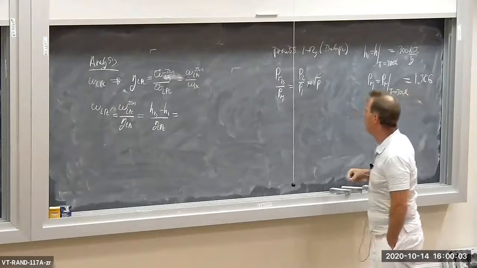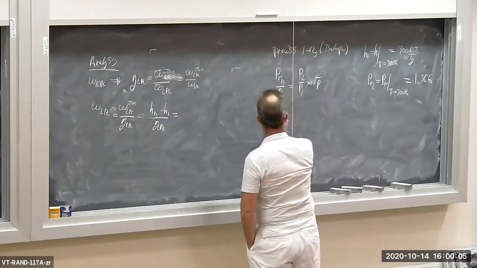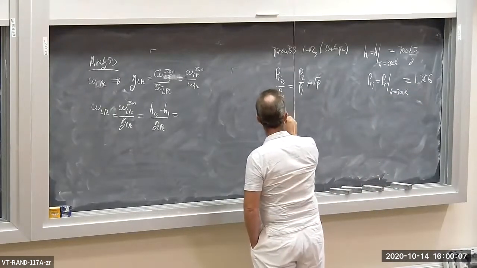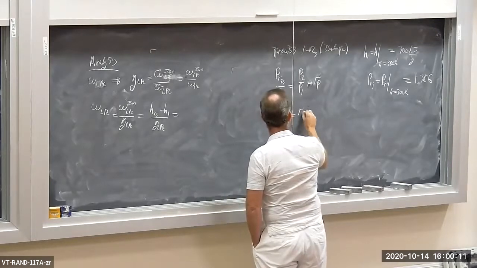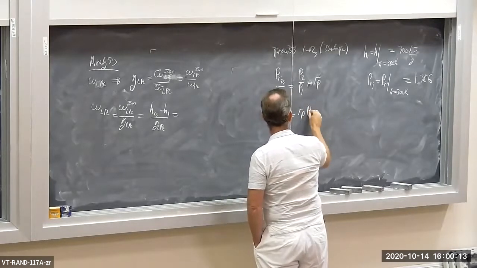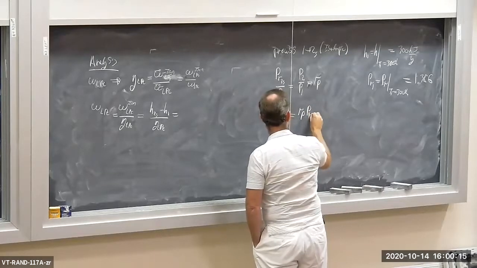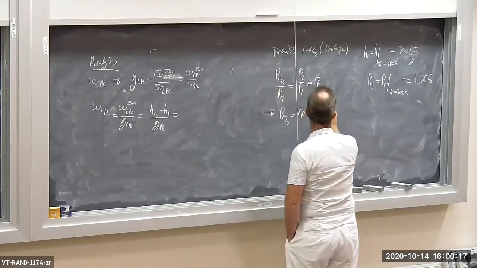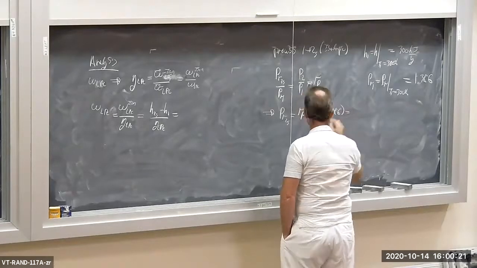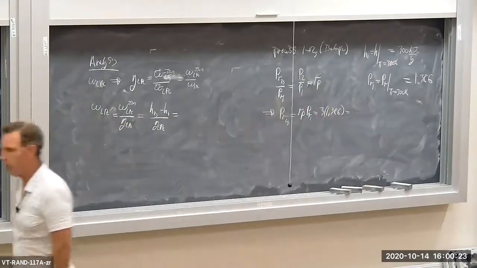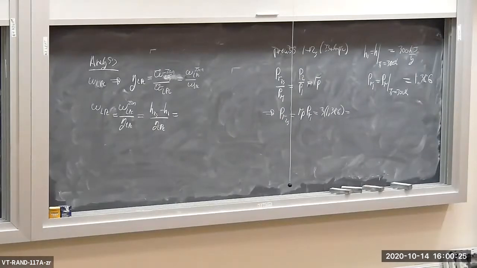Okay, so Pr2s is equal to r_p times Pr1. So that's 3 times 1.386, and I get Pr2s equal to 4.16.